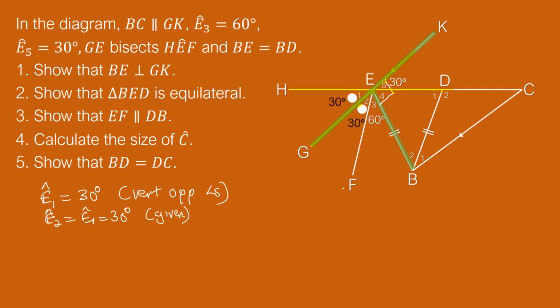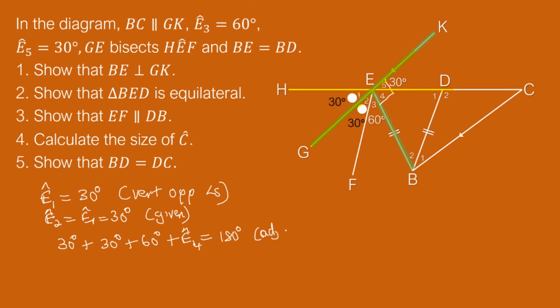Okay. Now, we want to find angle E4. How can we find angle E4? We have adjacent angles on a straight line. Angle E1 plus angle E2 plus angle E3 plus angle E4 must give us 180 degrees because they are adjacent angles on a straight line. So 30 degrees plus 30 degrees plus 60 degrees plus E4 is equal to 180 degrees.